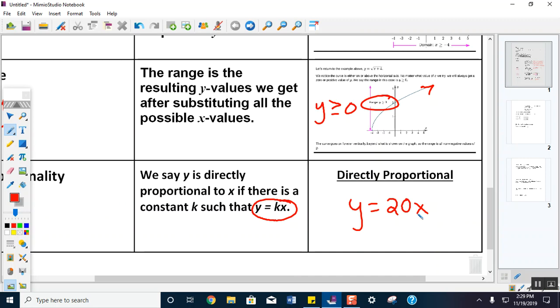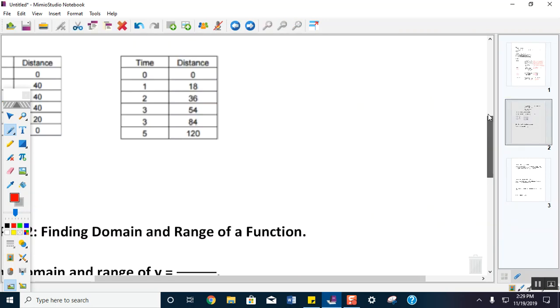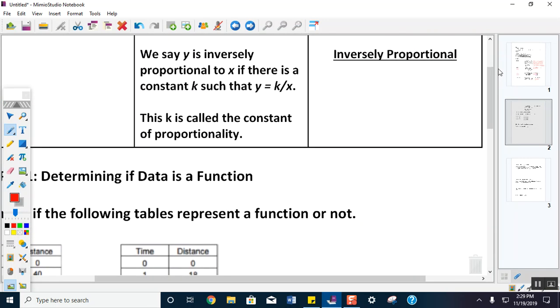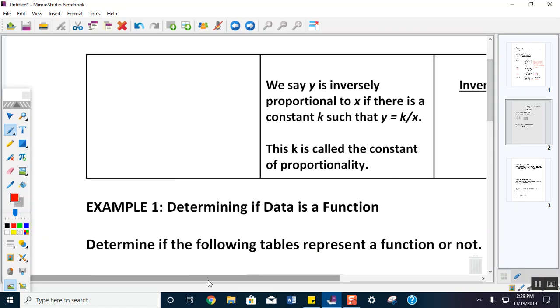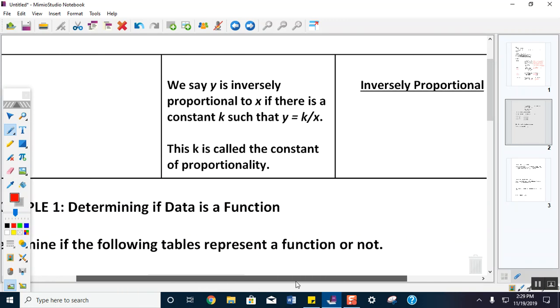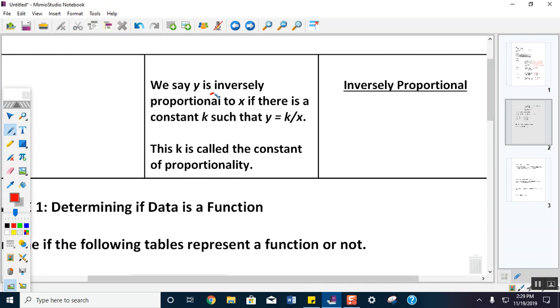On the next page, you might have something here that looks like, I don't know, not directly proportional, but inversely proportional. When we say y is inversely proportional to x if there is a constant k such that y is not equal to k times x, but rather what? k divided by x.